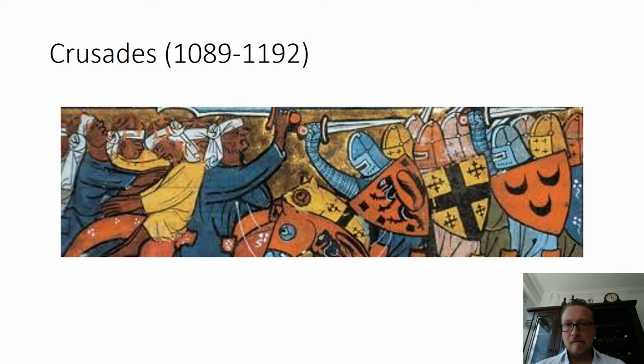Pope Urban II gives his famous speech in Clermont-Ferrand in the year 1089, in which he calls the knights of the Christian world to unite and to reconquer Jerusalem for Christianity.